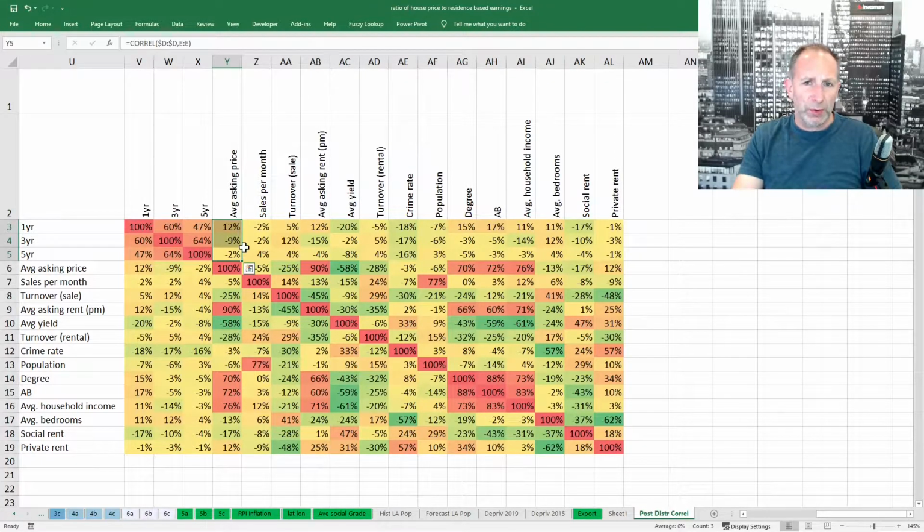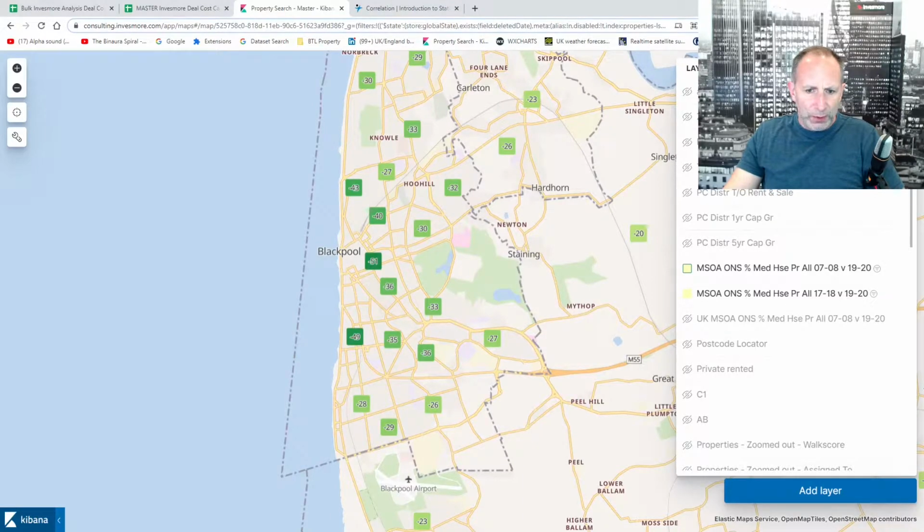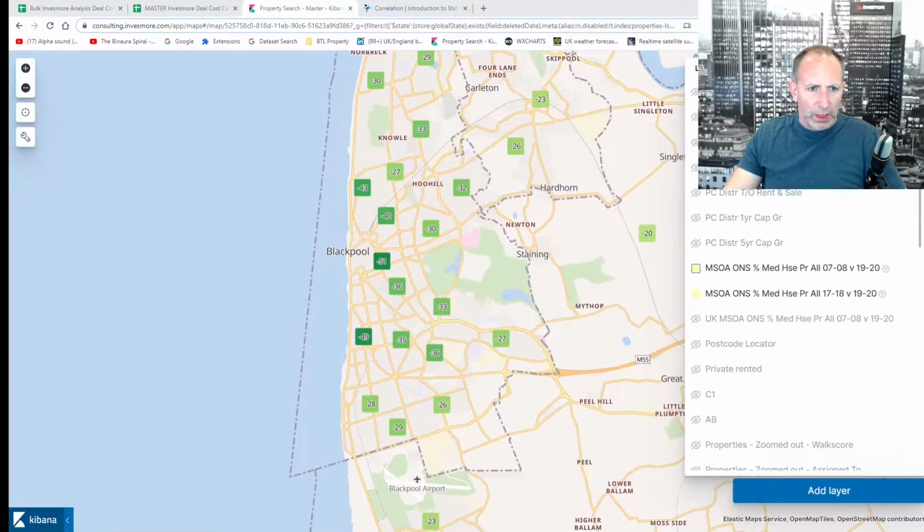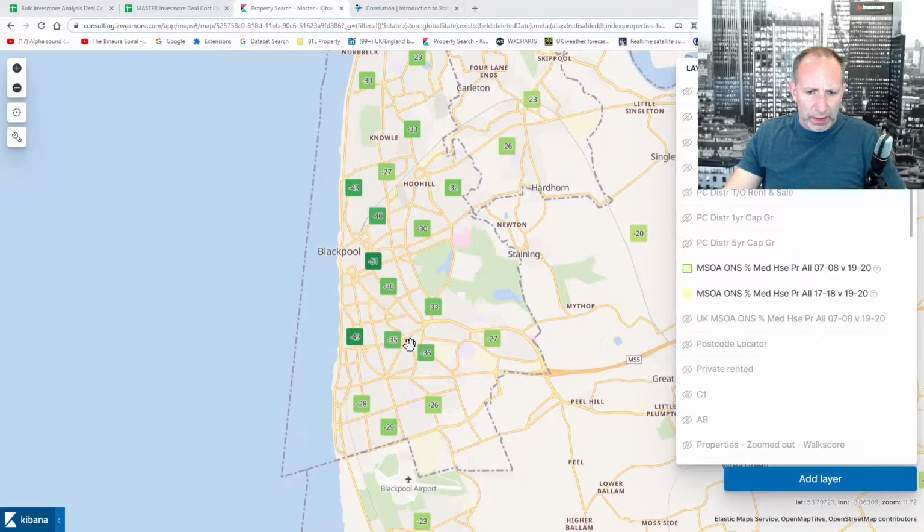So capital growth isn't just found in cheap property or expensive property. It's everywhere. But with capital growth, as I said earlier, when you look at the maps, capital growth is not universal.